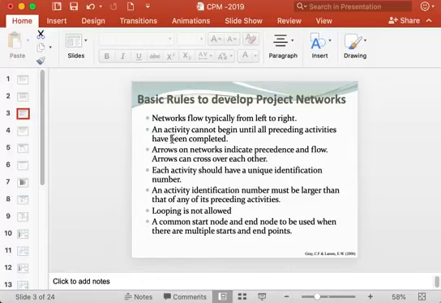Another rule is that an activity cannot begin until all preceding activities have been completed.